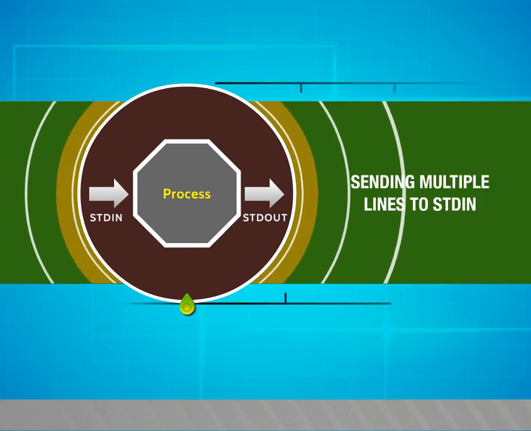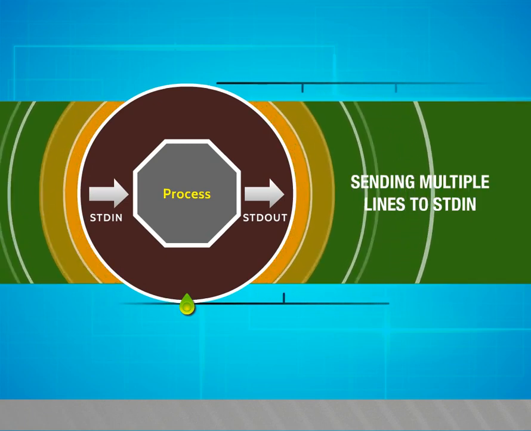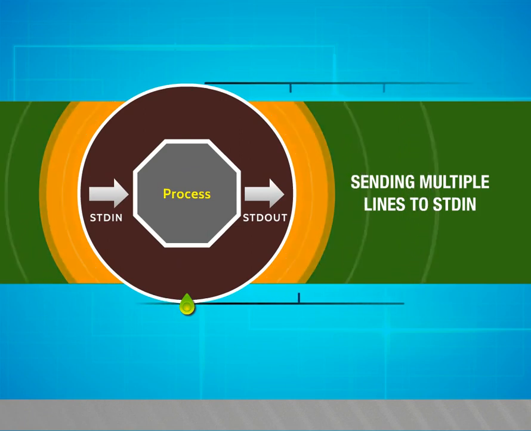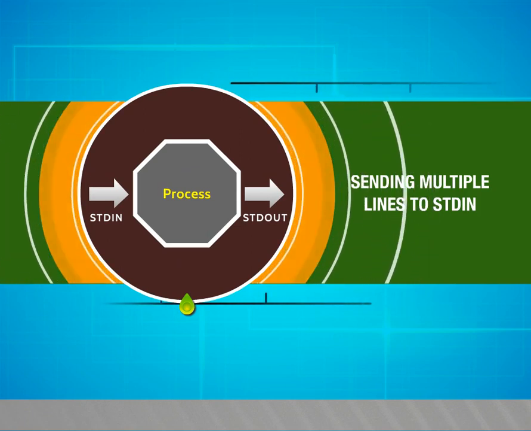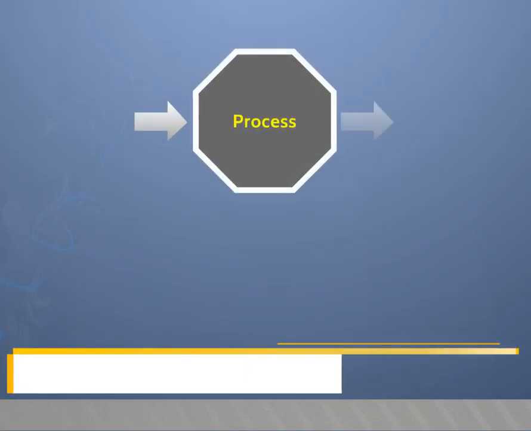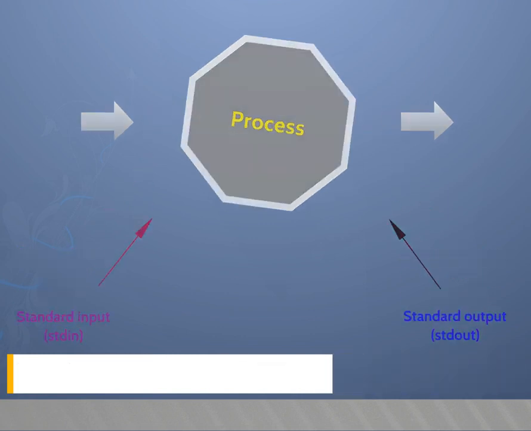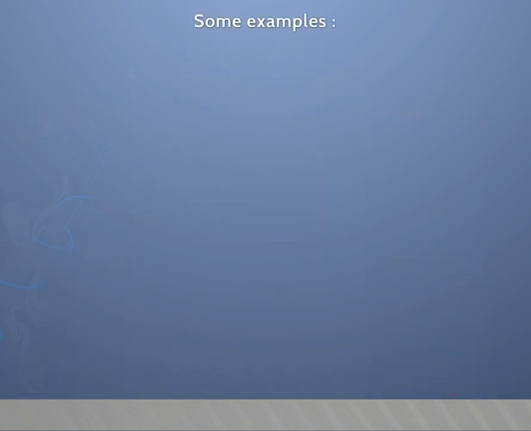Sending multiple lines to stdin. In this video, we are going to see about sending multiple lines to stdin. To connect the stdout of one command to the stdin of another, use the bar symbol commonly known as a pipe. Some examples.